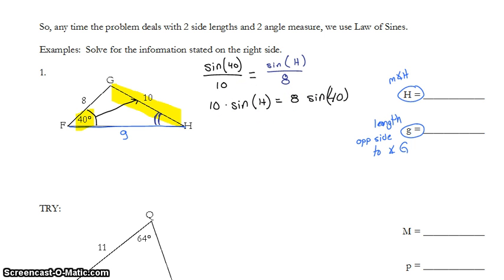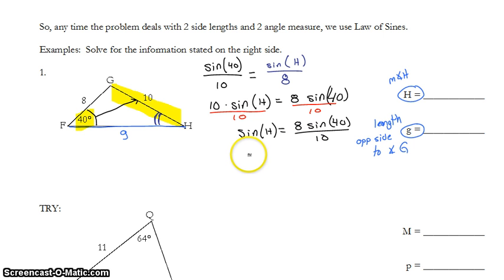I'm going to do my next step algebraically to solve for the angle h, and that's divide both sides by 10. That will leave me the sine of angle h equals, just leave everything that you see. Don't simplify, don't try to multiply or divide anything. Leave it as 8 times the sine of 40 degrees over 10.